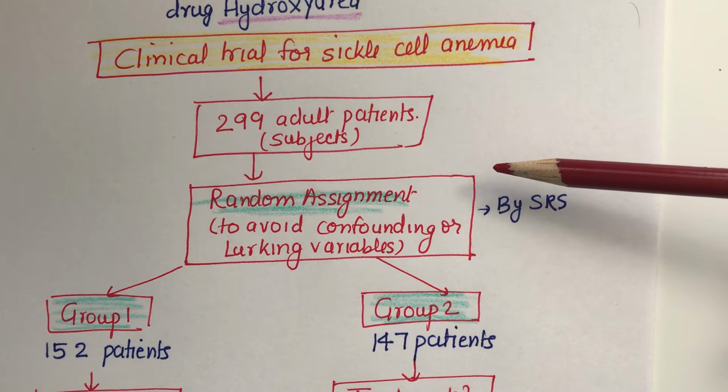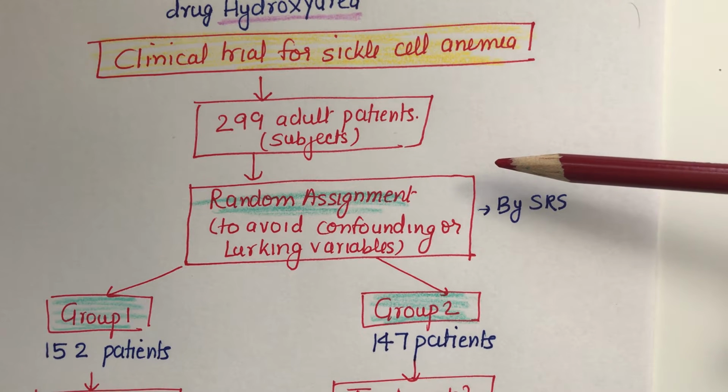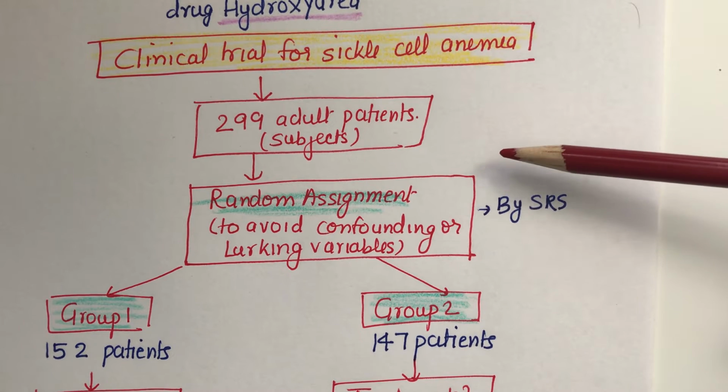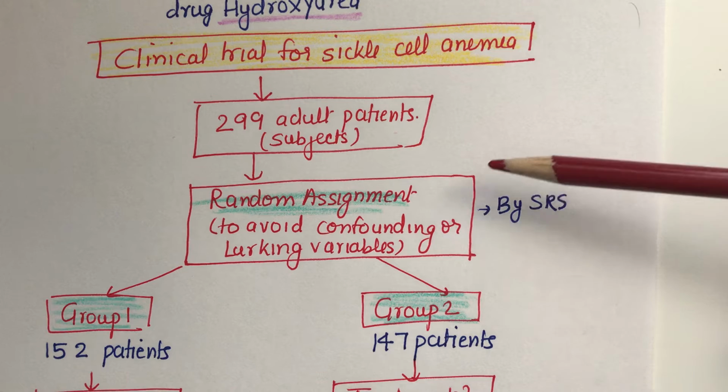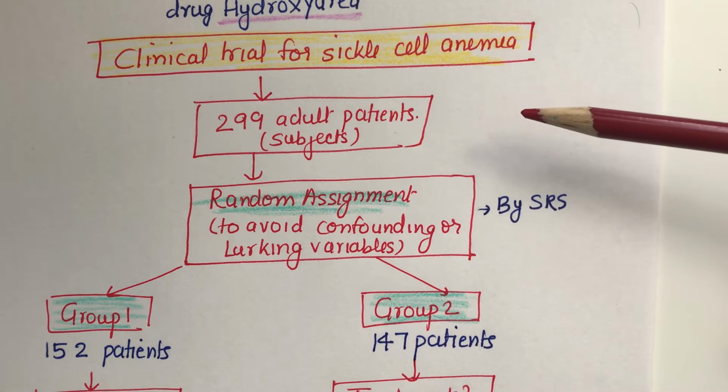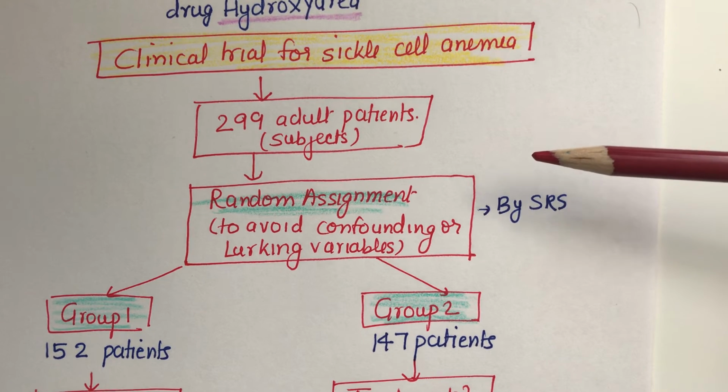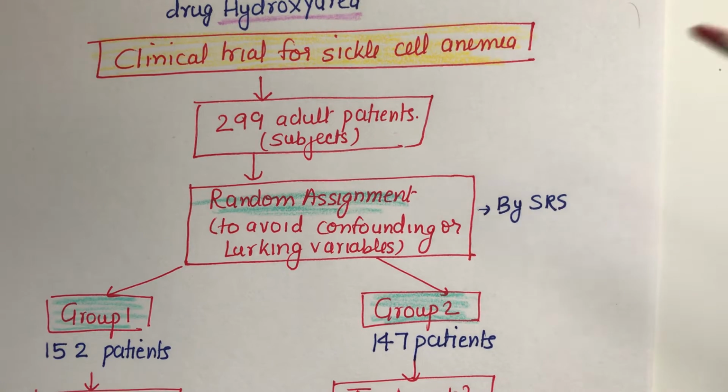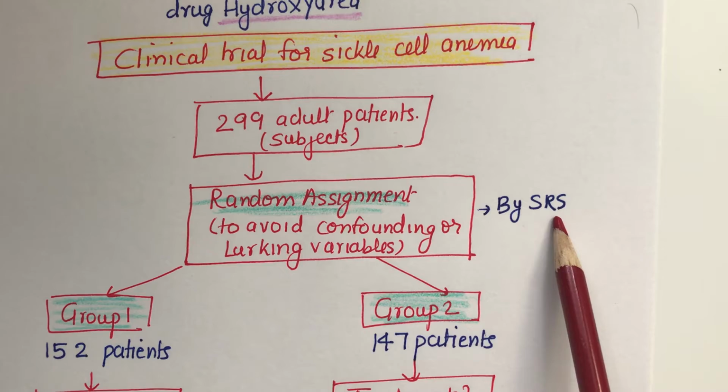Maybe a doctor may choose someone who is really sick to assign to the group where the active treatment is given and not the placebo. So in order to avoid these confounding or lurking variables, the assignment was done randomly by simple random sampling.